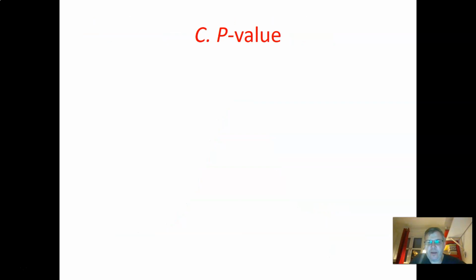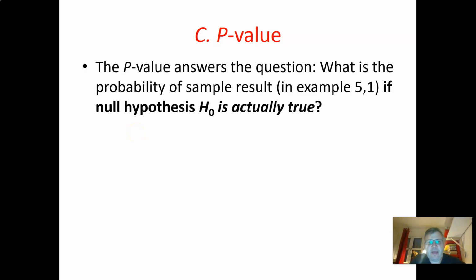An alternative way of using the z-statistic against some critical value is to look at the p-value. The p-value answers the question: what is the probability of the sample result that we observe, in this case 5.1 minutes in waiting time in line, if the null hypothesis is actually true?